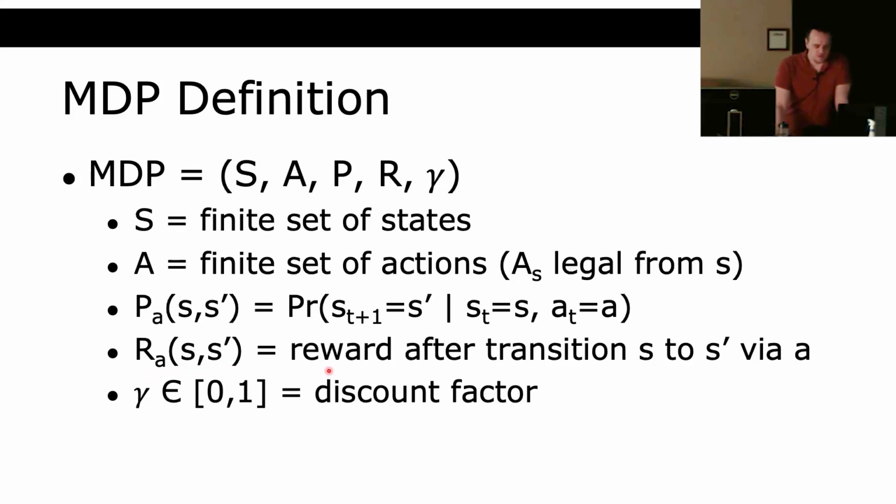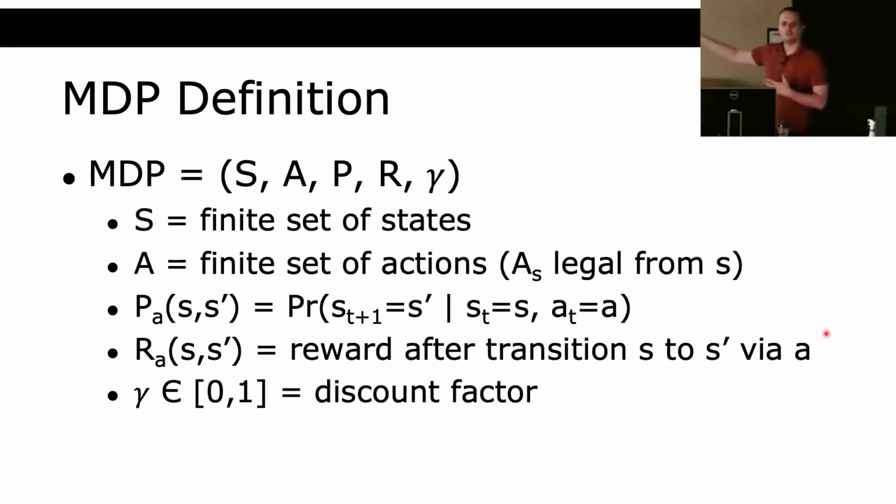R of A, S, S prime, that is the reward after transitioning from state S to S prime via A, right? So again, so far you might hear people like me in the past saying that I got a reward from doing this action, right? So I'm at a given state, I do an action, I get a reward.